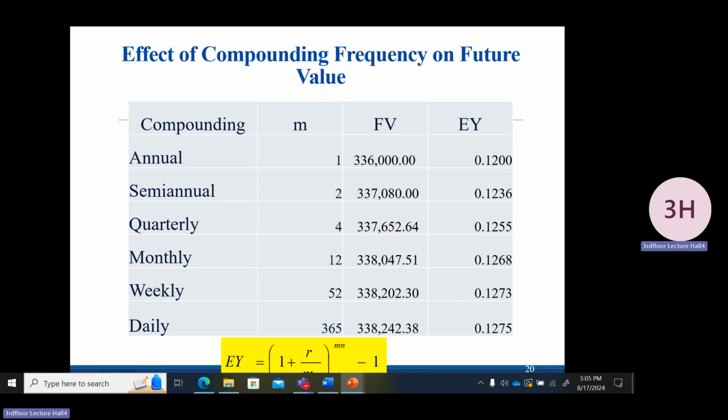Even for a second or a nanosecond, for a tiny, very small bit of time, interest is calculated. Now, for example, in your credit card, have you experienced it? Suppose your due date is today. You have to pay your balance today.